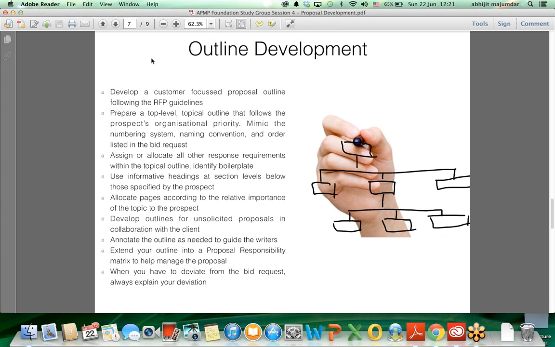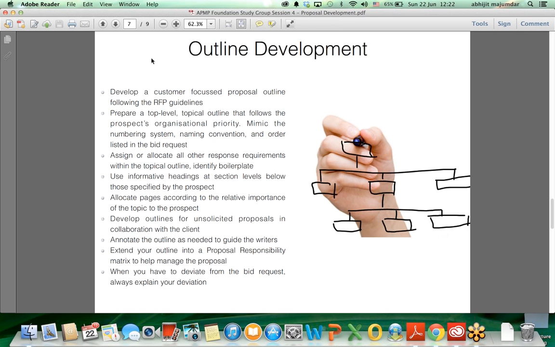Is the customer interested in buying your company or your solution? It is obviously interested in buying the solution. So more importance has to go to the solution rather than your company. The customer may have asked you about your company, but he is interested in procuring your services or your solutions. So more importance has to definitely go to that.